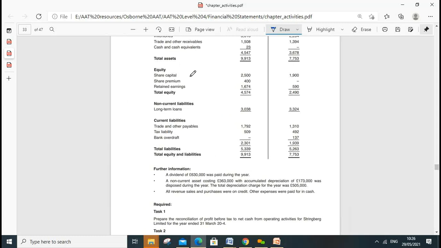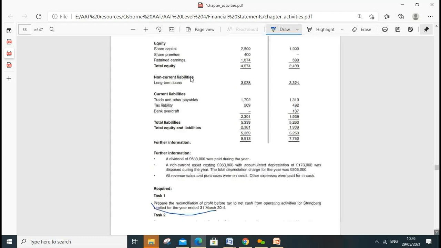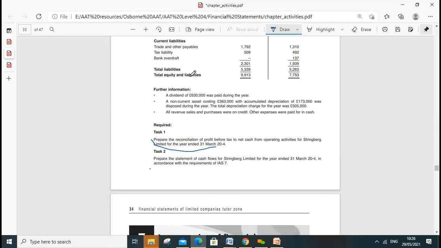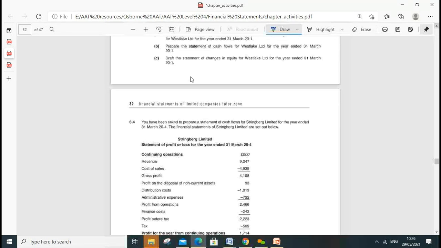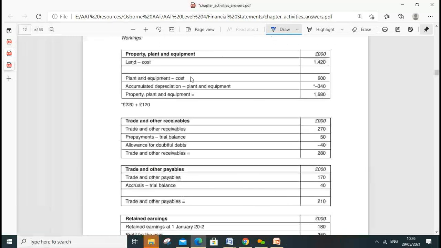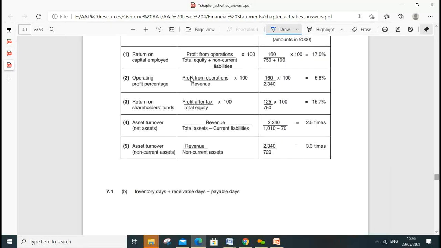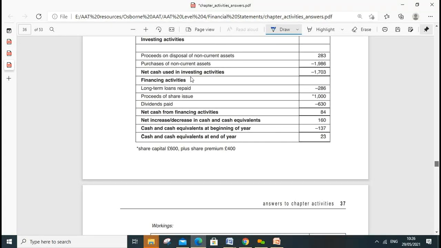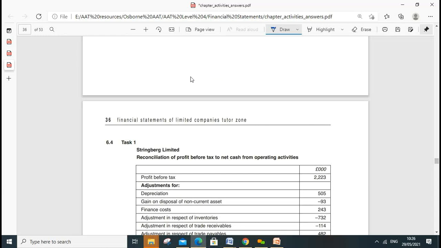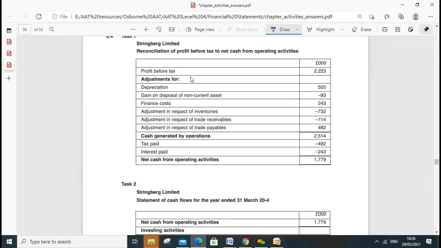Here we've been given a question: prepare the cash flow, with operating, financing, and investing activities. The question number is 6.4. So go to 6.4 now. So here is 6.4.